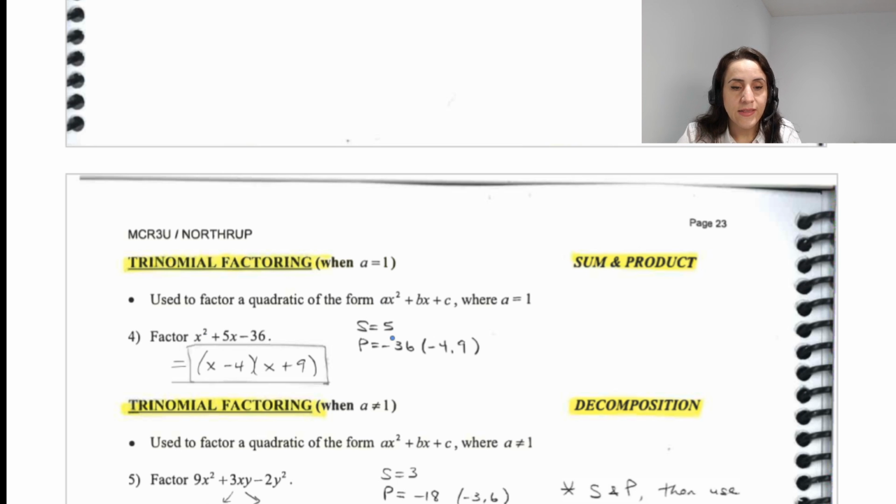In that case, we have a formula with sum and product, which means I am looking for two numbers, because I can write this expression as two brackets. For each bracket, I need two values because I am using this formula. Let's see if you can see.